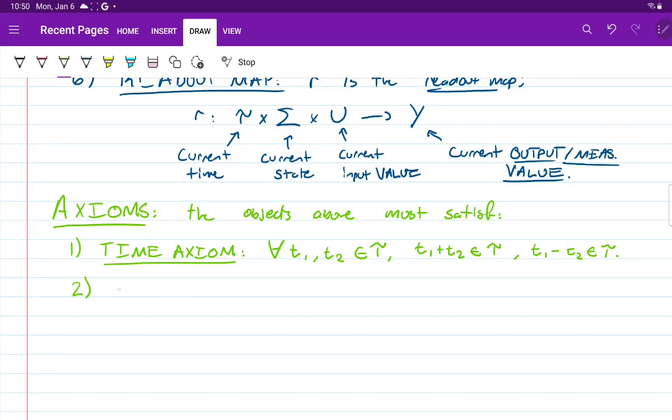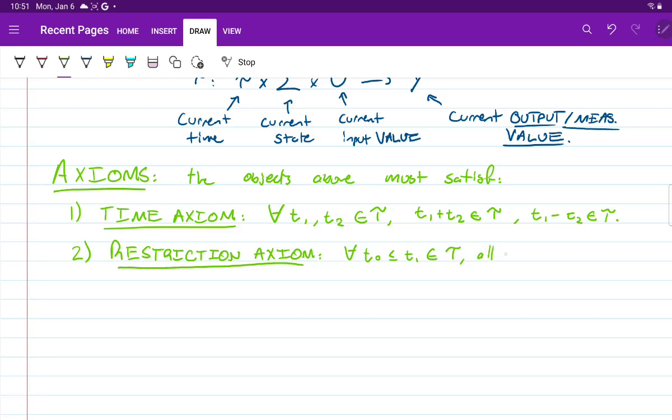What else do we have? We have the restriction axiom. What does the restriction axiom say? It says that for all times t0 less than or equal to t1, both of which belong to our time set T, all initial states x0 in sigma, and all inputs u1, u2 which belong to our input space.